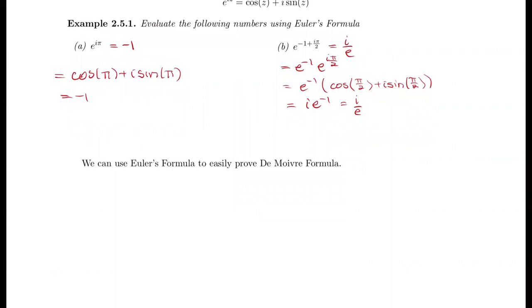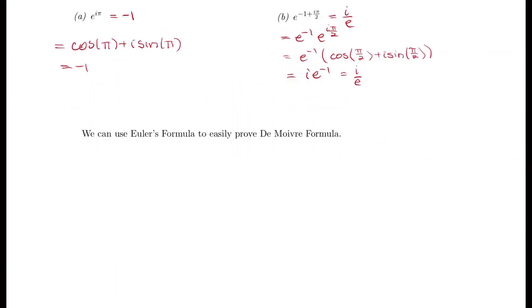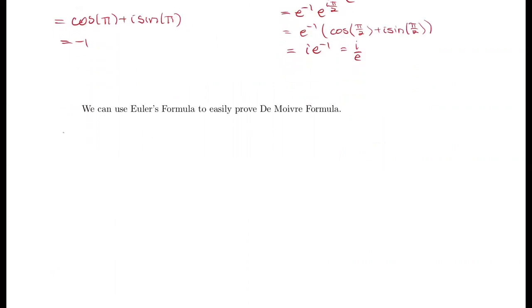Say we have a complex number z, so z to the power n, or z first of all, is equal to r times cos theta plus i sine theta. And z to the power n is given by r^n times cos n theta plus i sine n theta. So that's what we actually want to be proving in this case.